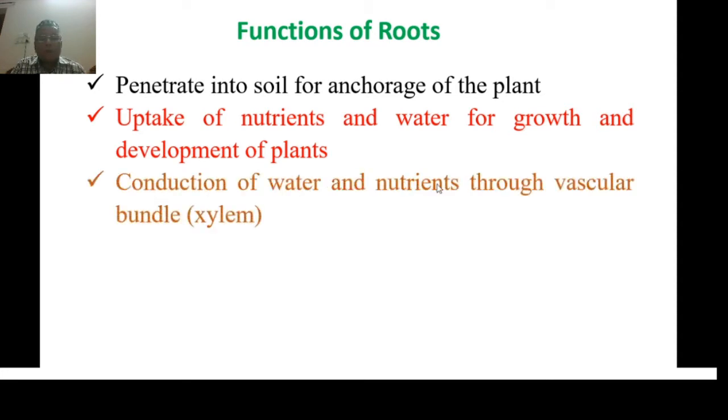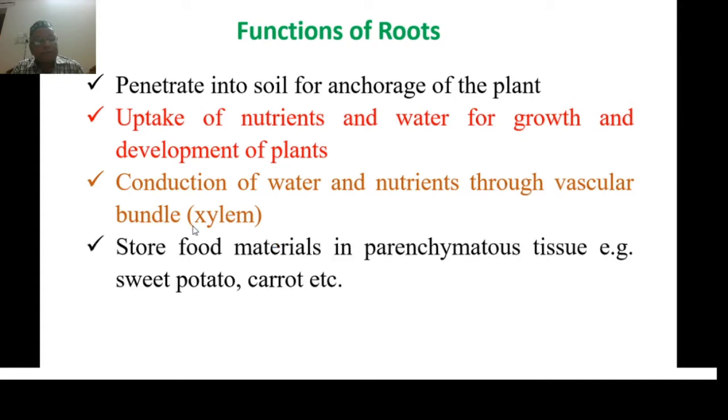Conduction of water and nutrients through the vascular bundle, especially the xylem. Sometimes roots can store food material in the parenchymatous tissue, for example sweet potato, carrot, radish, etc., and other tuberous crops.